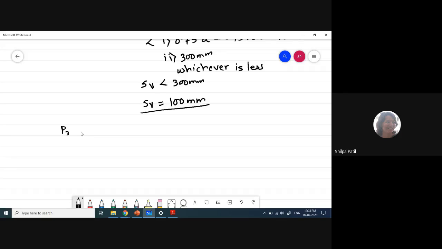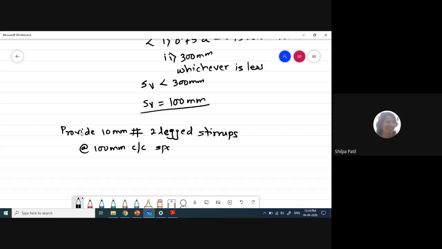So just write down one statement. Provide 10 mm diameter, 2-legged stirrups at 100 mm center to center spacing in zone 1.